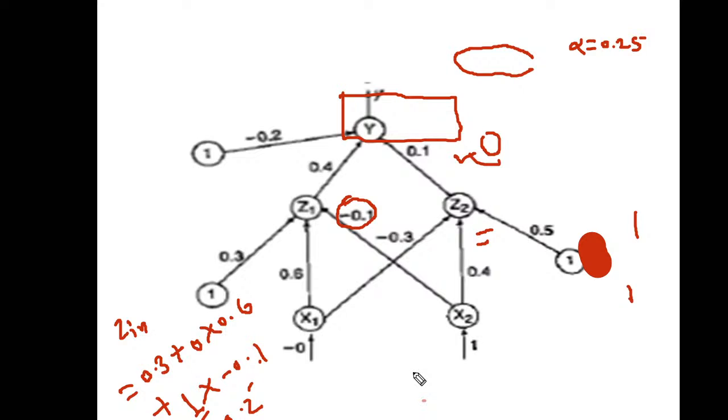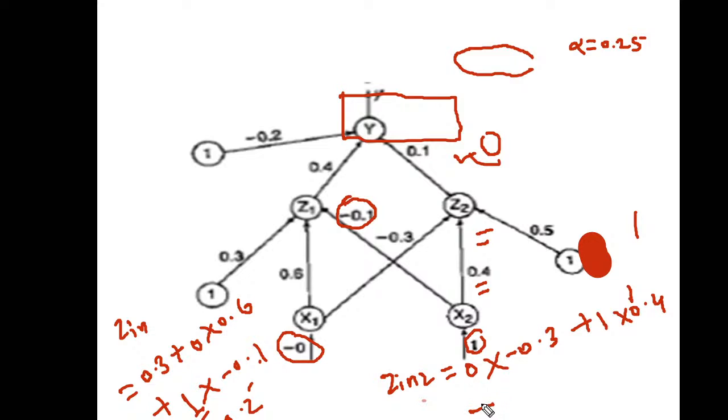So z in 2 will be: from x1, 0 multiplied by minus 0.3, plus x2, which is 1, multiplied by 0.4, and then plus the bias, which is 0.5.